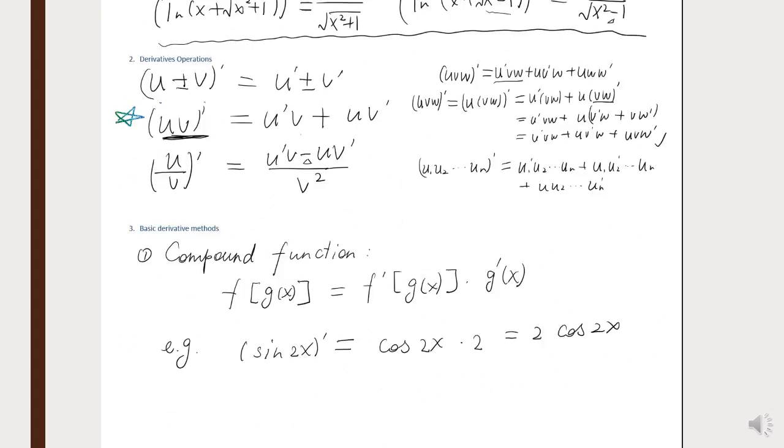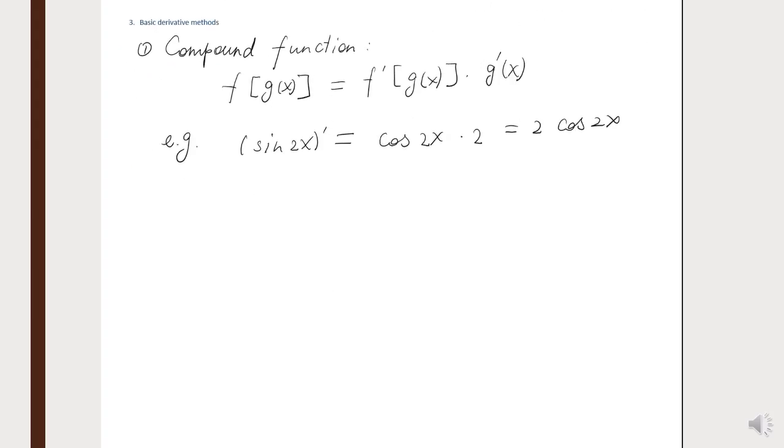Okay. So next, we're gonna talk about the basic derivative methods. So the first one is about the compound function's derivative. Compound function looks like this. So you have function f(x), but your variable here is not simply x or some other letter, but another function, for example g(x).